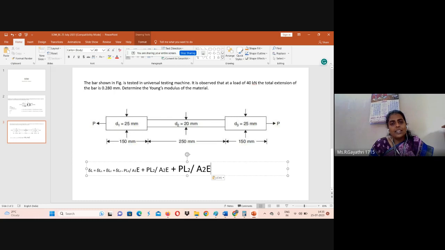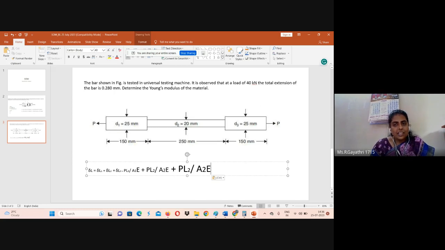Somebody told del L means strain into original length. You are correct, but here strain is unknown. For finding strain also we need Young's modulus. So we can't jump into strain part. We can use the basic load extension relation PL by AE.